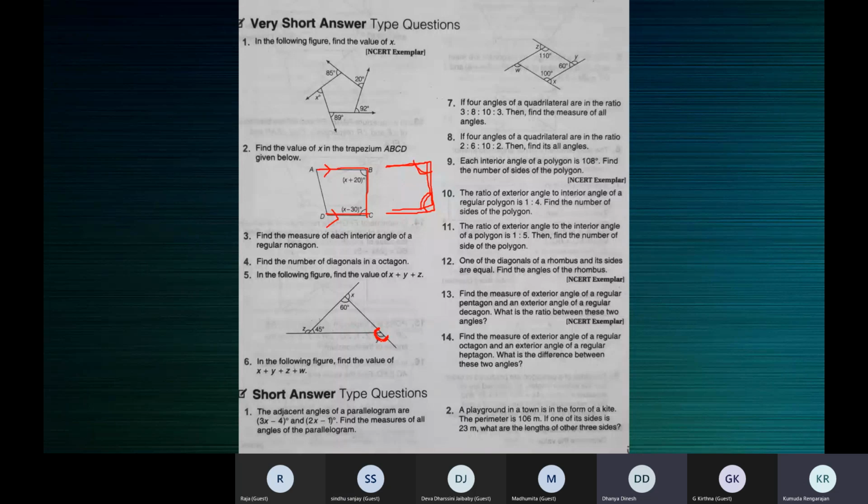Okay, so for this exterior angle, these are the remaining two interior angles. This exterior angle will be equal to 60 plus 45. The exterior angle is equal to the sum of the two interior opposite angles.